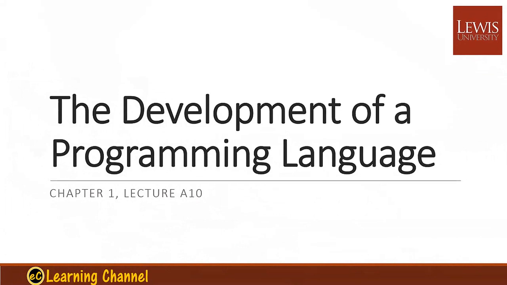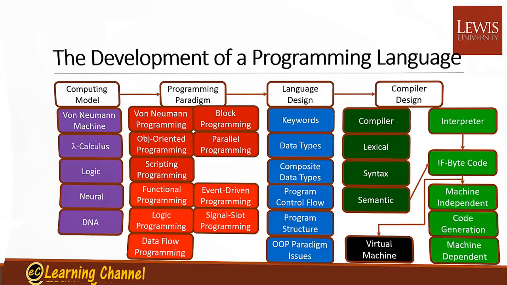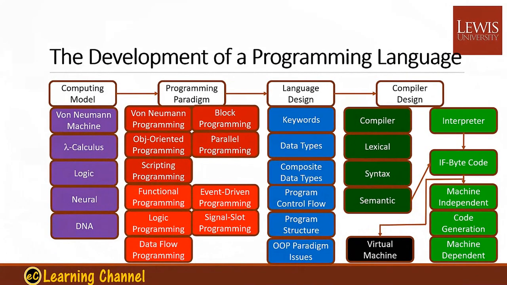Okay, so then next one is development of a language. To develop a programming language, you need to have a computing model. As I told you, lambda calculus, Turing machine, logic, neuron, DNA. You come up with different computing models, right? And then you may put them into a processor engine or whatever you can have, or it may be purely software.